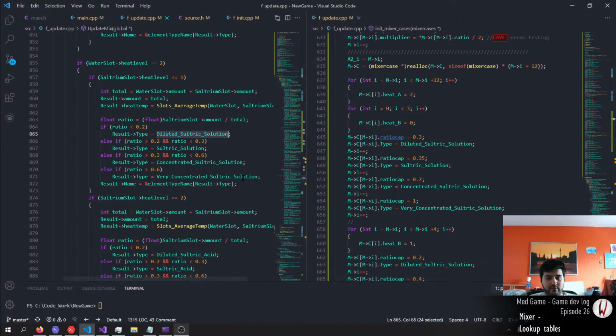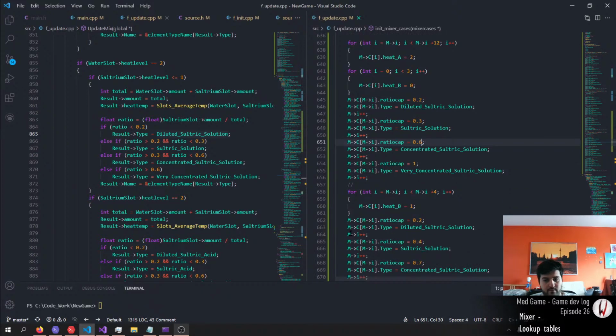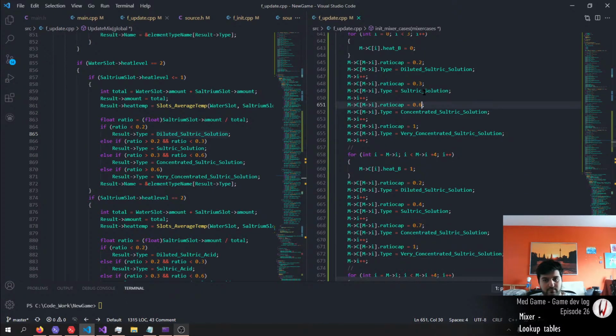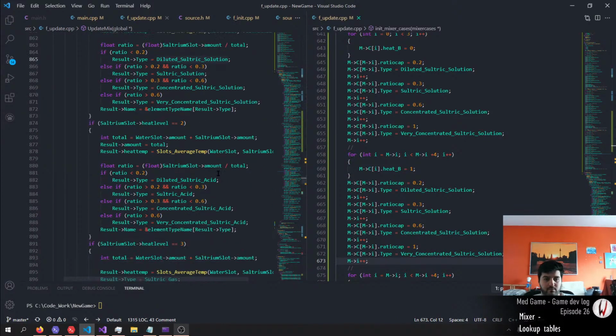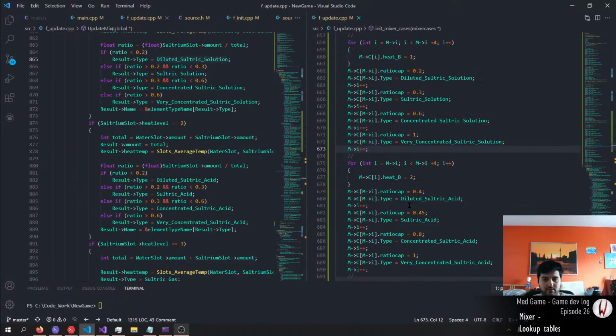Salt rich solution, very concentrated salt solution. The numbers are going to be 2, 3, 6, and 1. It's going to be the same thing here actually. Heat level 2.